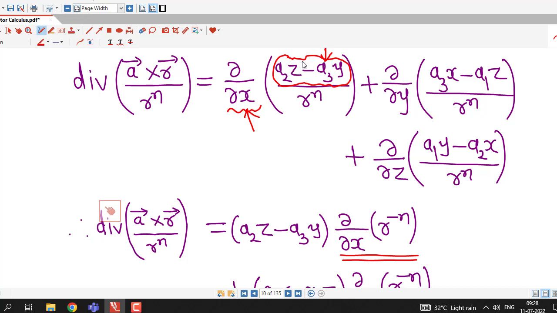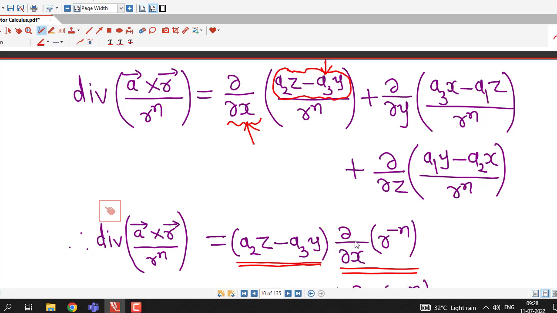I have taken a2z minus a3y outside this bracket because y and z are considered as constant while differentiating with respect to x. Same thing here: the derivative is with respect to y, so x and z are considered as constant, and these a1, a2, a3 are constants because vector a bar is a constant vector.